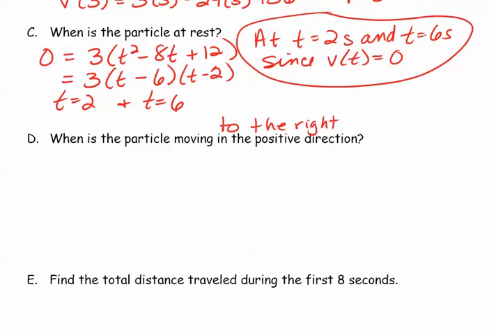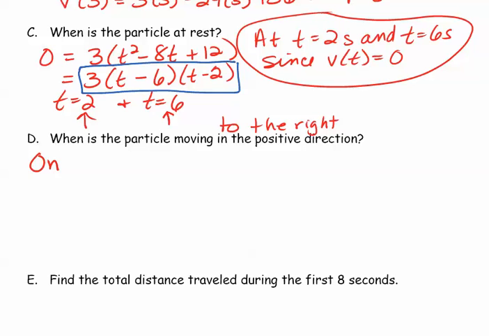So our critical numbers were where our first derivative was equal to 0. So we want to test the intervals around our critical numbers. And remember, at the start of the problem it said this was when time is greater than or equal to 0. So we could test our intervals and find out what we know about velocity. And the test that you want to do, use this factored form.